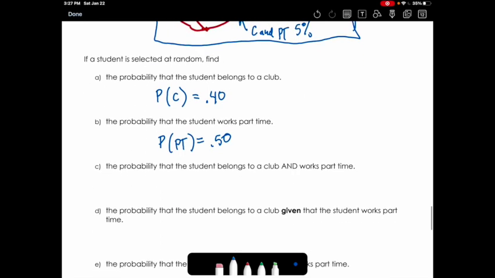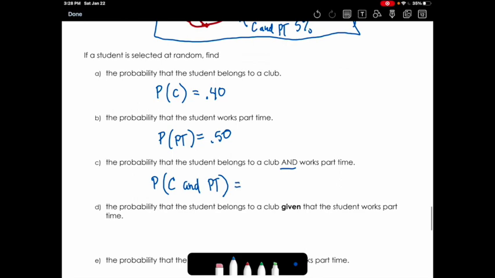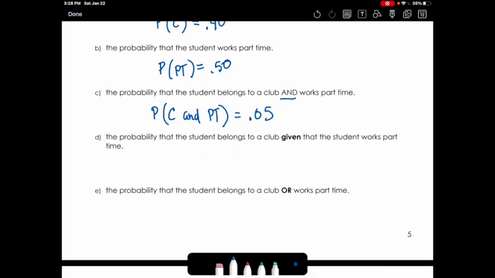That's P of PT is equal to 50%, which is 0.5. Part C, what is the probability that a student belongs to a club and works part-time? That's this. The probability of C and PT, that's the overlap, and that was the 5%. So we write that as 0.05.